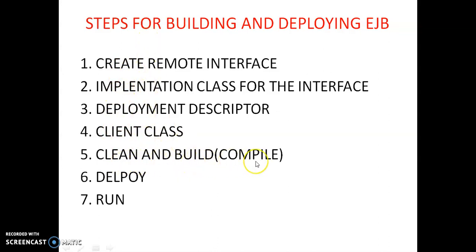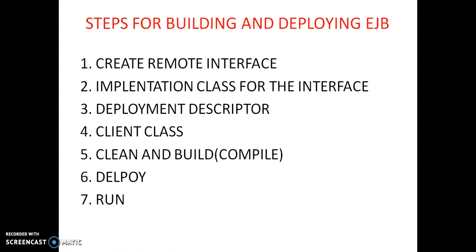Clean and build is compile. If there are no errors, then you have to deploy your bean on the server. There is an option called deploy there, and we'll see how to do that. Next we have to run the application. These are the steps that we have to follow.